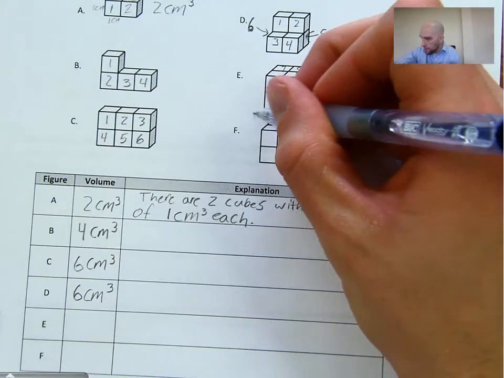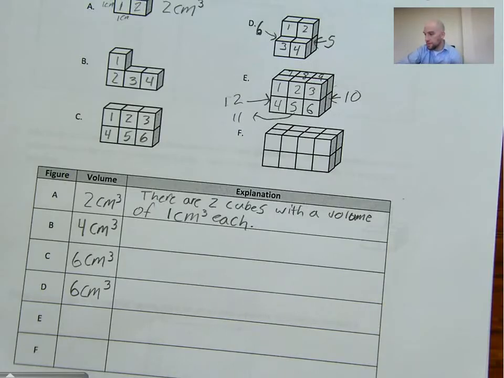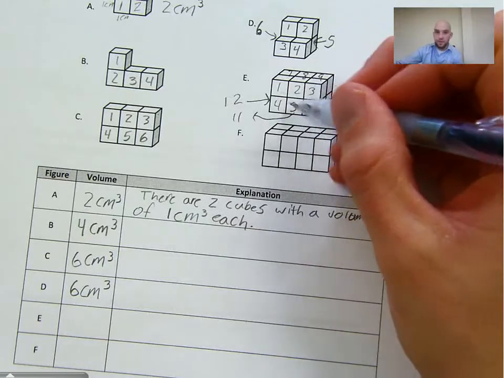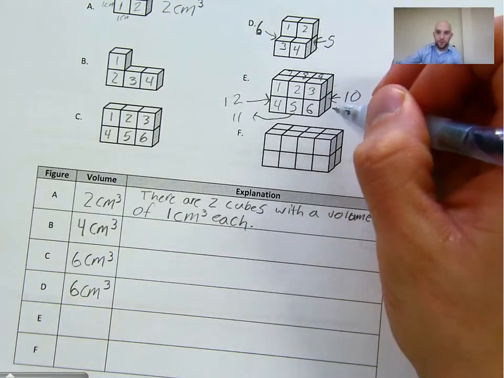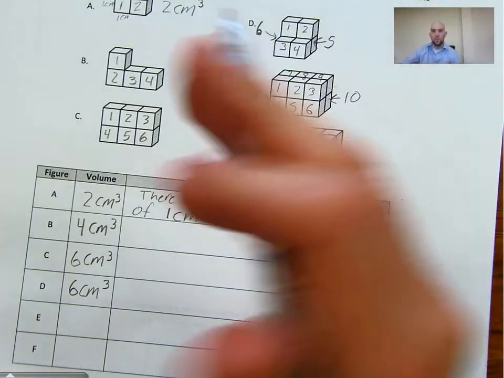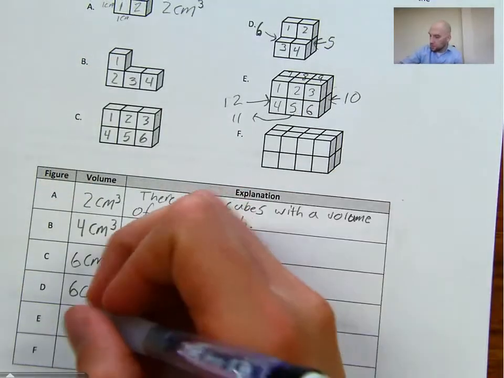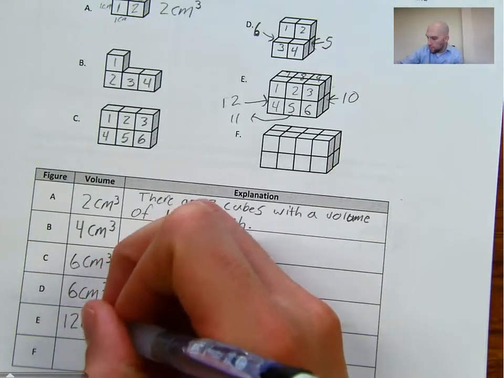And then right behind 5 here will be 11. And then behind 4 in the back there will be 12. So we have 12 cubic centimeters there. We have 6 here in this layer, and then we have a whole layer behind it there of more cubes. So that'll be one big block. And that's going to give us 12 cubic centimeters.